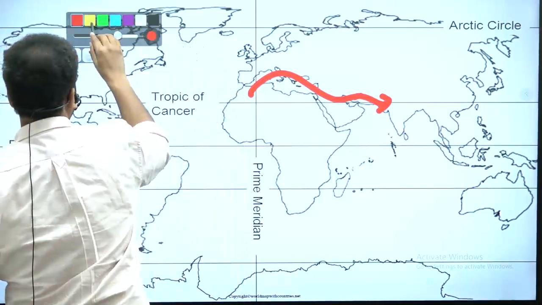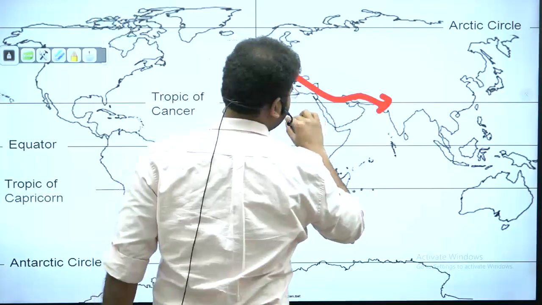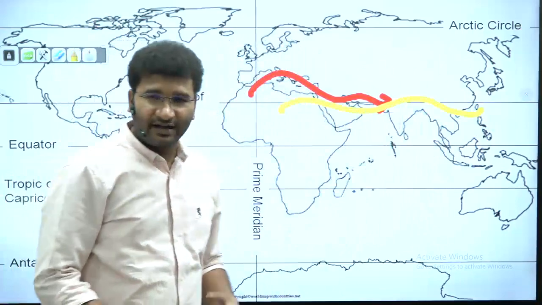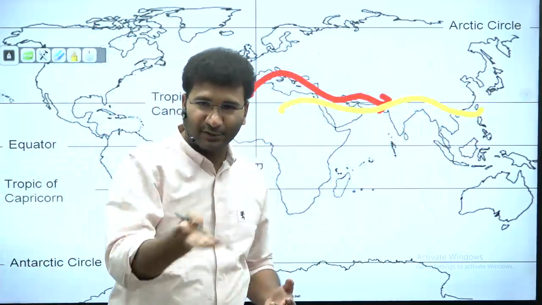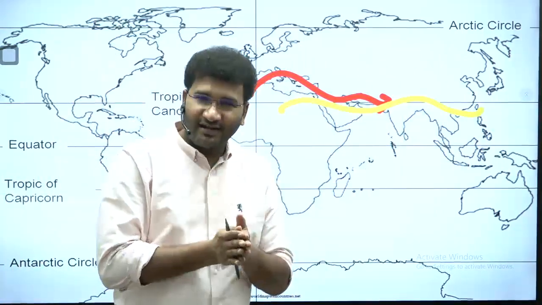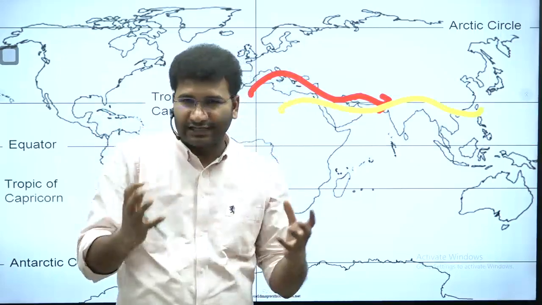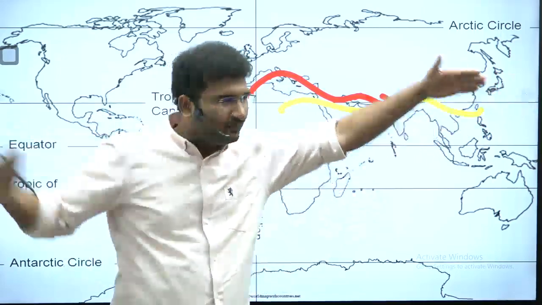So where is your ITCZ? This is your ITCZ. Wherever the ITCZ is, there will be rain up to there. And this ITCZ zone was present over these hills also to an extent. The boundary of the ITCZ is very wide.